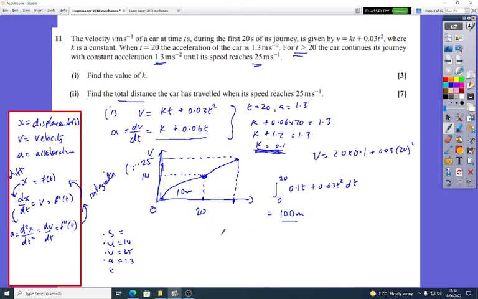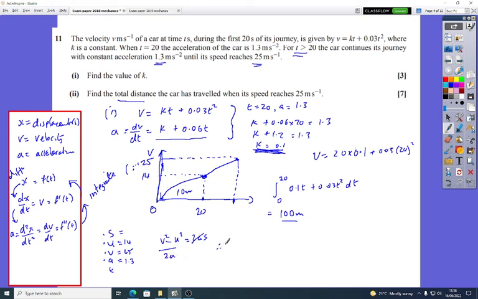You should know the formula, v squared minus u squared equals 2as. So I want to find s, so divided by 2a gives me s.